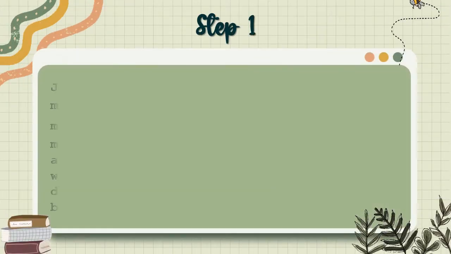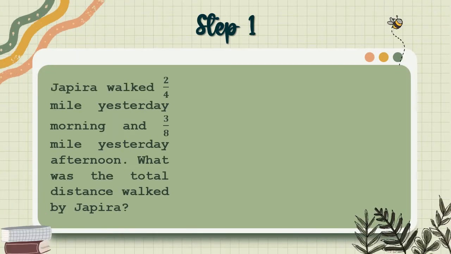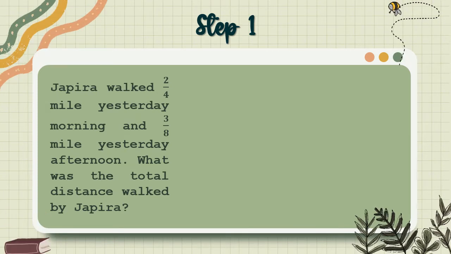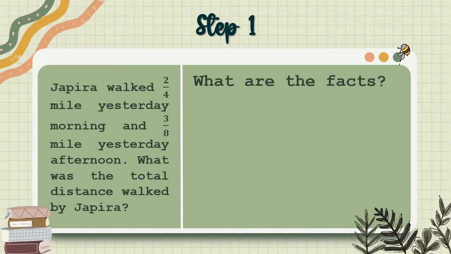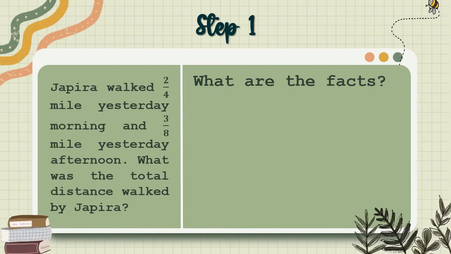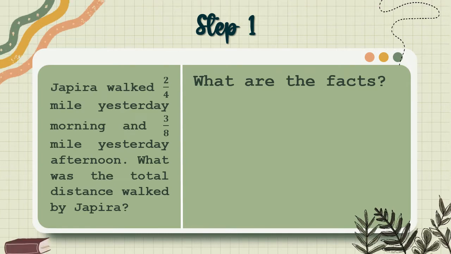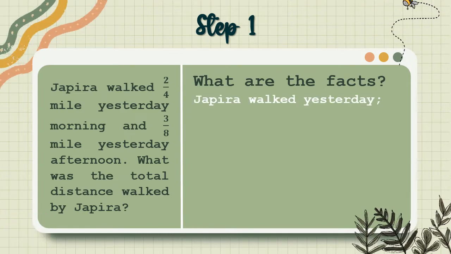Okay, now we are going to talk about the problem-solving strategies for the previous contextual problem. We have this first problem. The very first step is identifying the facts. Our first fact is that Zafira walked yesterday.